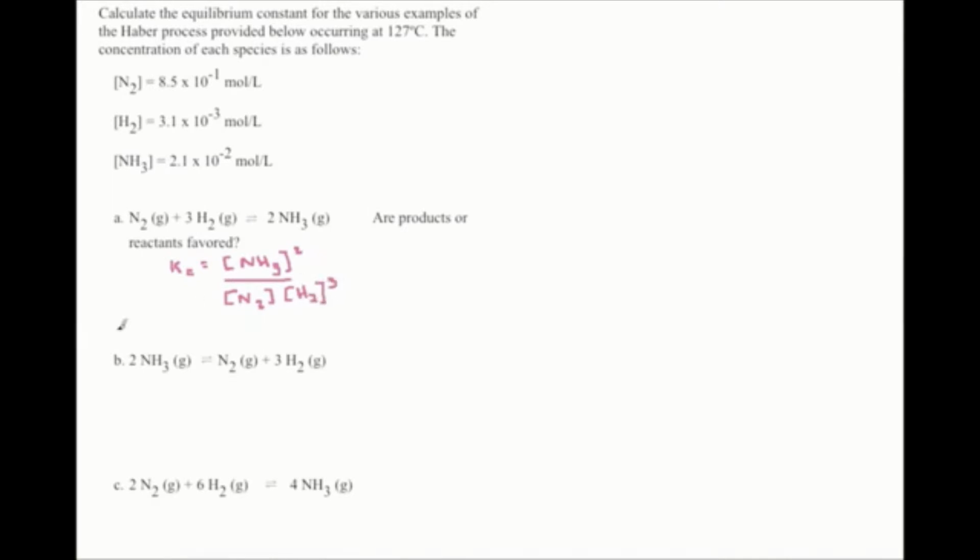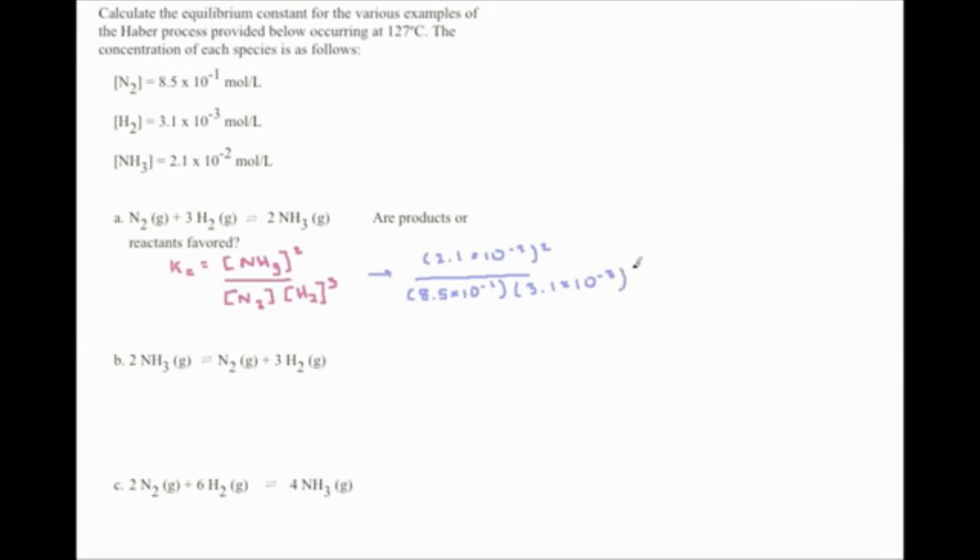Now I'm just going to plug in my values because I know all of my concentrations. For the concentration of NH3, I have 2.1 times 10 to the negative second, which I'm going to square, all over the concentration of N2, which is 8.5 times 10 to the negative first, times the concentration of H2, which is 3.1 times 10 to the negative third, and I need to cube that value.